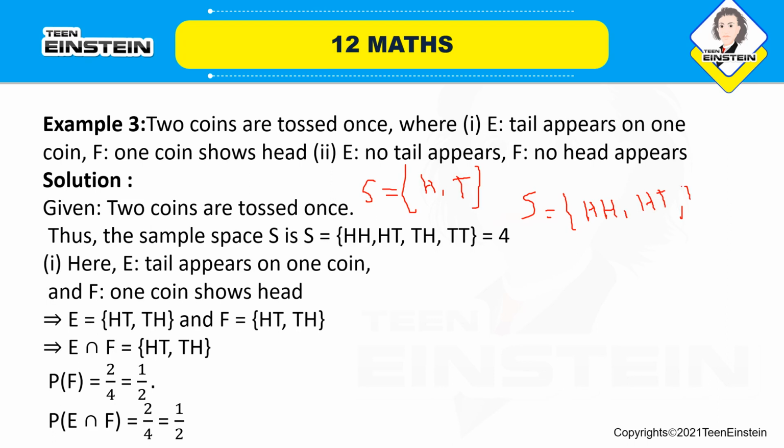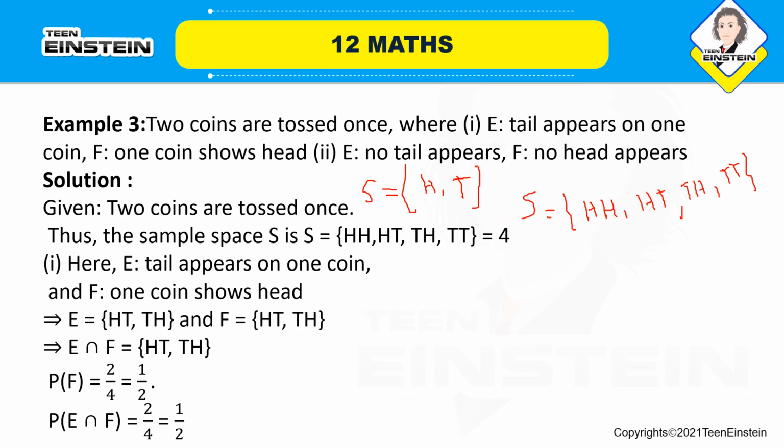Then tail in the first coin, head in the second coin. Or I will get tail in both the coins. So these are the possibilities.